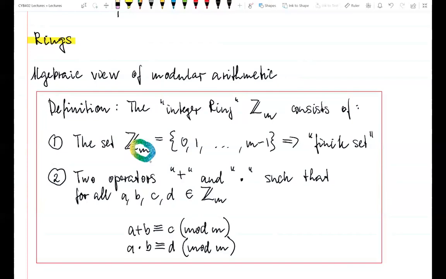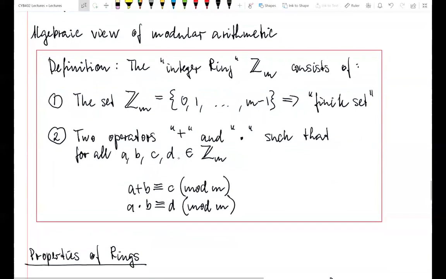And m tells us how many elements we are going to have in our set. So we start at 0 and have all the elements up to m-1. And all of them are positive integers, including 0.